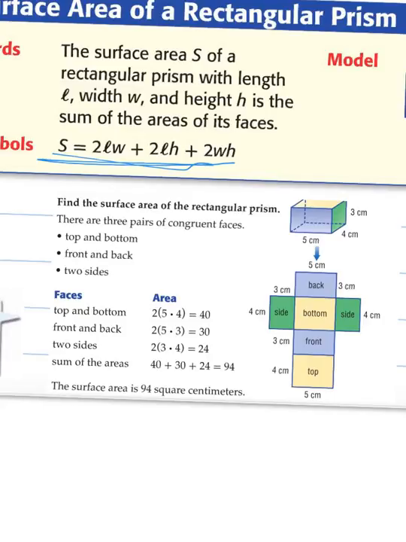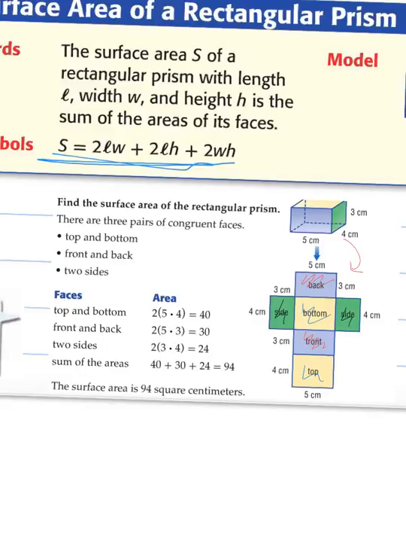When they unfolded this rectangular prism, notice the front and the back are the same, the bottom and the top are the same, and both of the sides are the same. So we find the area of these faces, and we multiply it by 2 because there's 2 of each side.